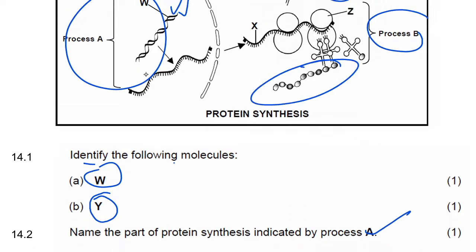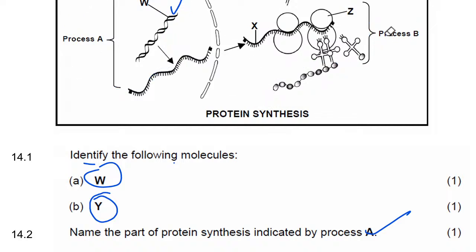If you have a change in the DNA sequence, it will result in a different sequence of messenger, isn't it? Because DNA forms messenger. If DNA has changed, what will happen to the messenger? It will change. If messenger has changed, what will happen to the sequence of these amino acids? They will also change.